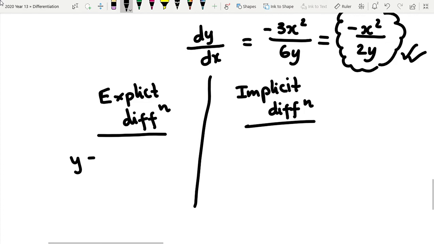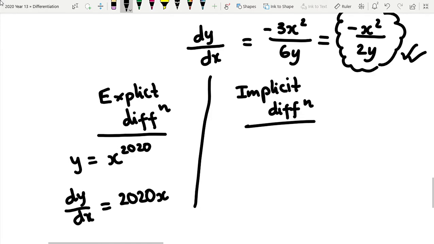So let's say y is x to the power 2020. If I do dy over dx, you can see that I have 2020 times x to the power 2019. As you can see from your right hand side here, this differentiation depends on only x because it's explicit, right?